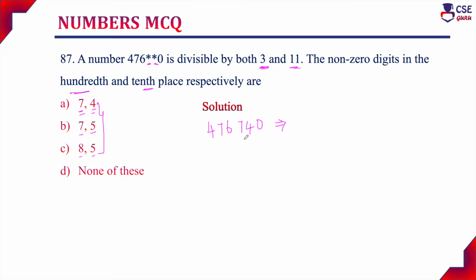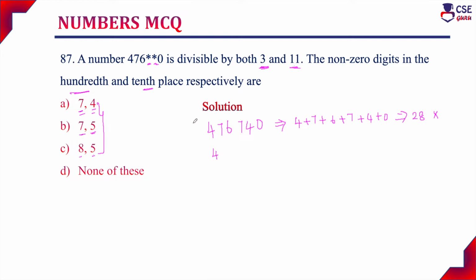So for the number with option A, we will check whether its sum is divisible by 3. So 4 plus 7 plus 6 plus 7 plus 4 plus 0. The answer is 28 and this is not divisible by 3. So no need to check the divisibility by 11. We will check the second option, with 7 and 5.